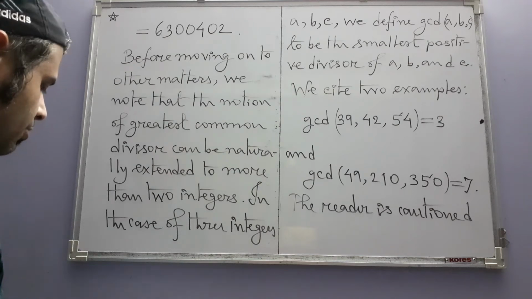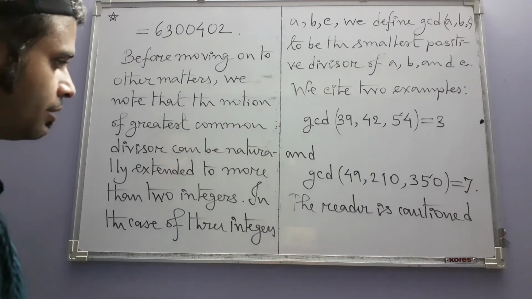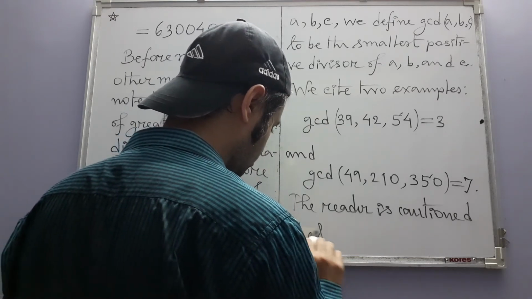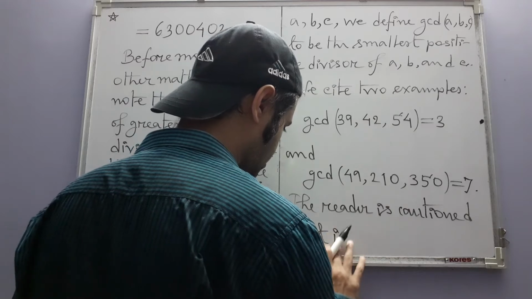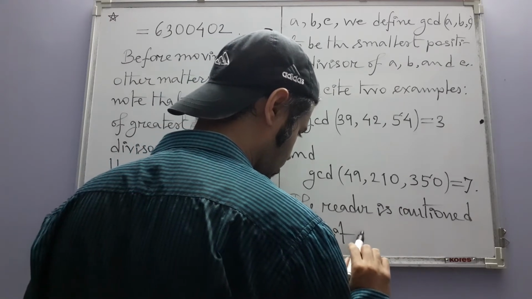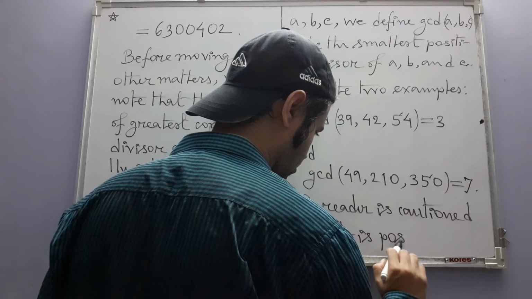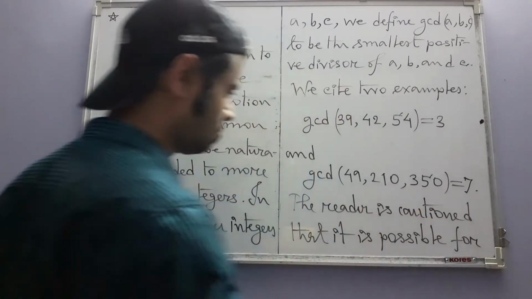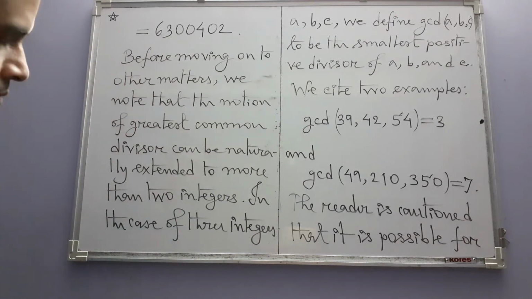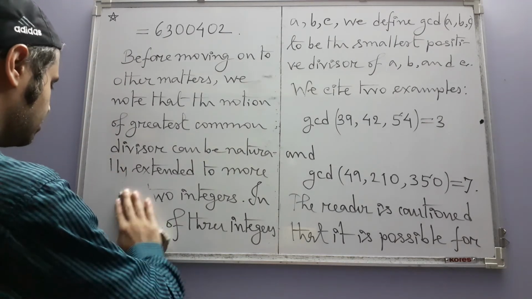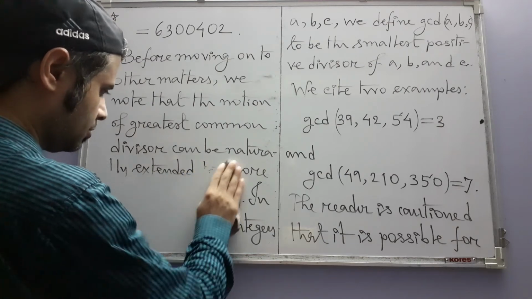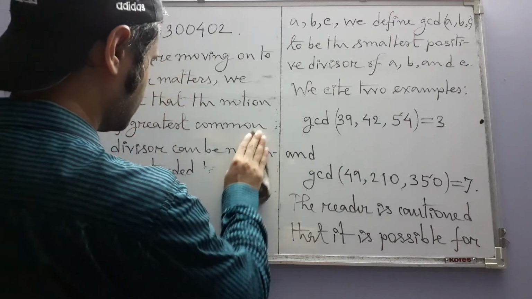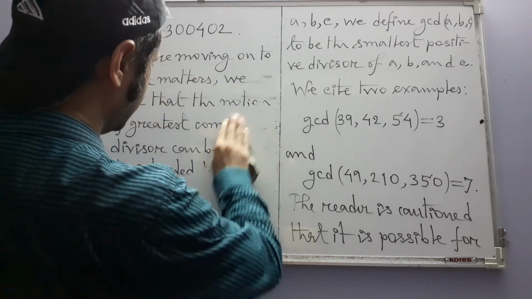The author is then cautioning us about something else: that it is possible for three integers to be relatively prime, when this GCD is 1, but any two of them are not relatively prime.